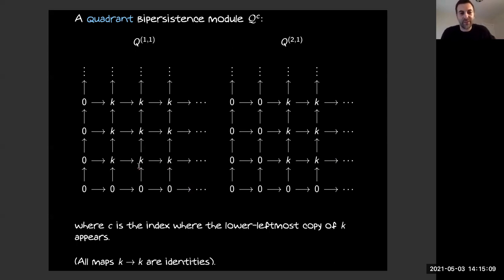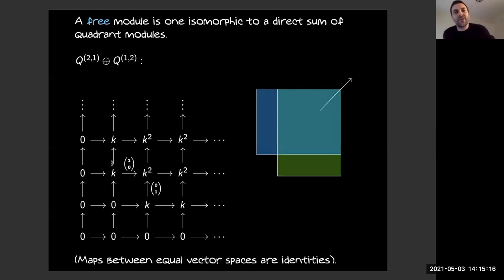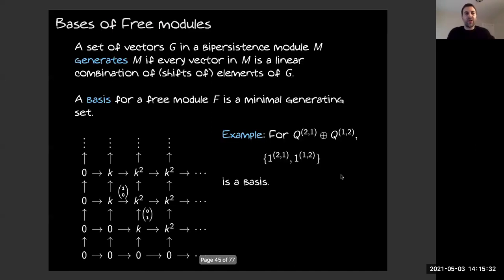It's some kind of indicator module for the quadrant whose lower left corner is here. A free module is then one isomorphic to a direct sum of these modules. I've drawn one here with two summands, and their lower left corners are here and here. You can think of this schematically in terms of these two quadrants.